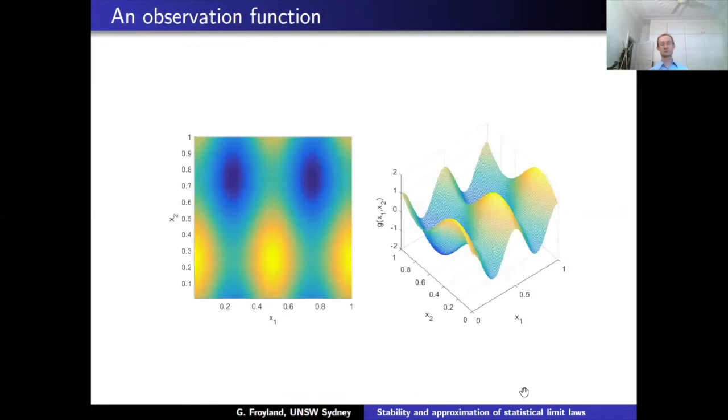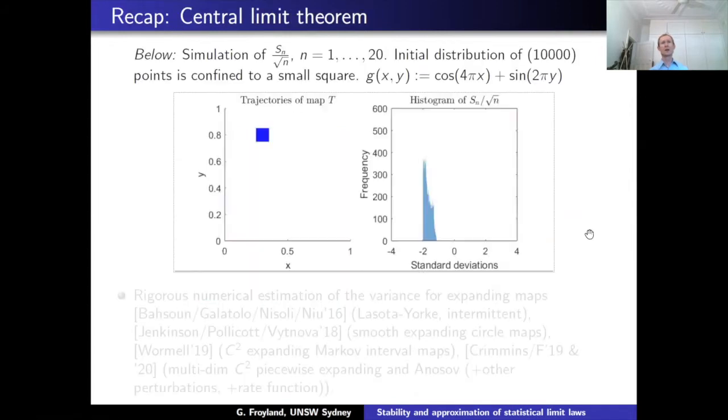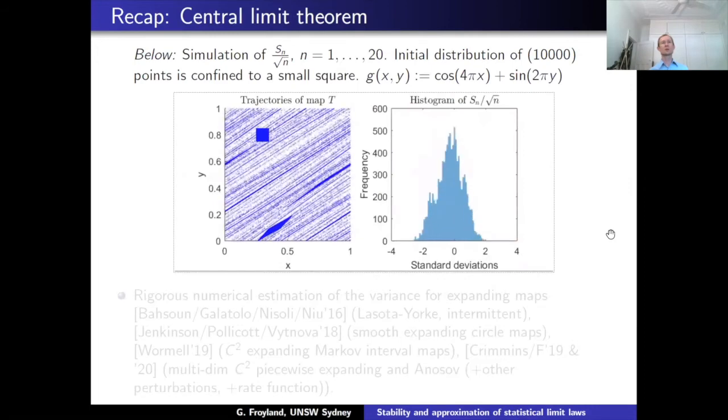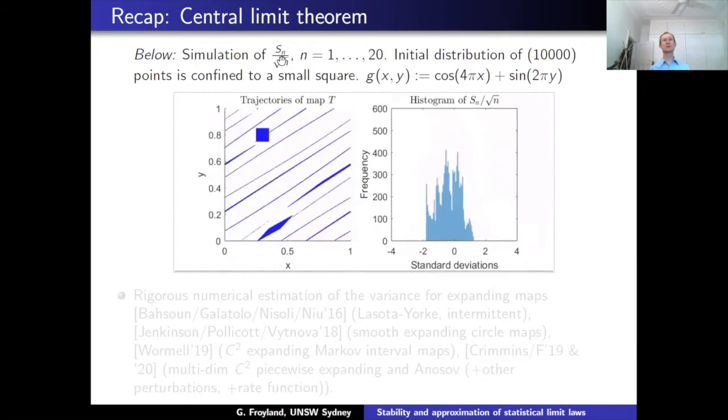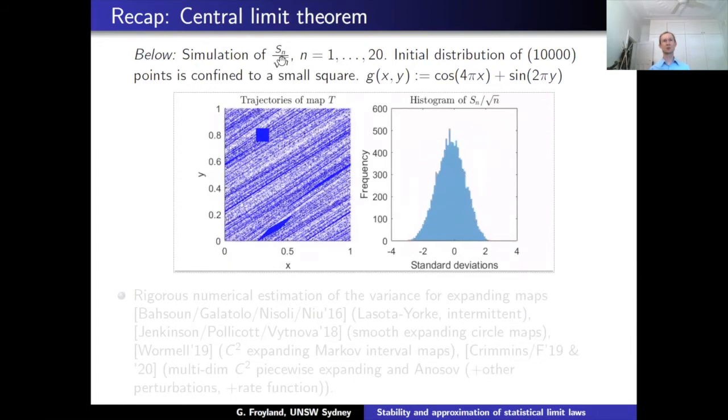Okay, so just to illustrate this with some pictures and an example, here's an observation function on my torus. These are the outputs of my function. So what does the central limit theorem say? It says that S_n over root n converges in distribution to a normal.